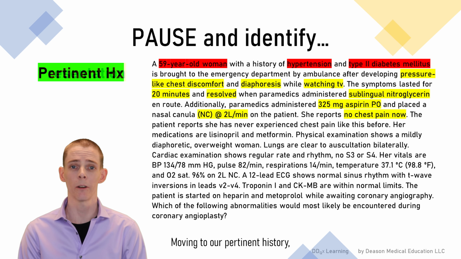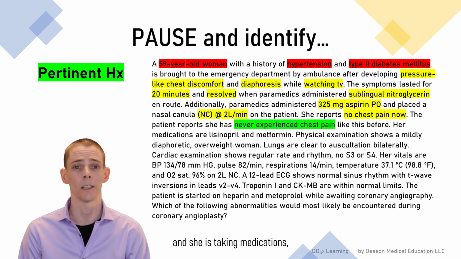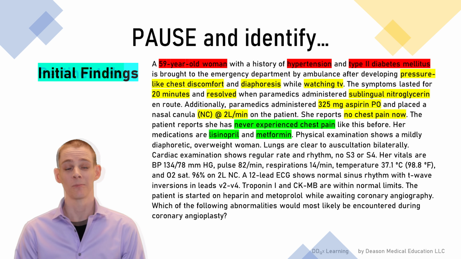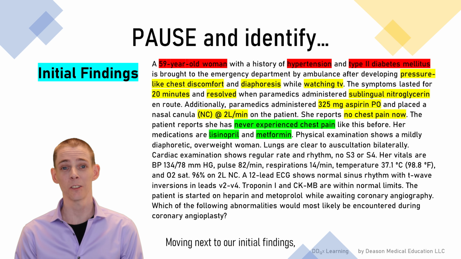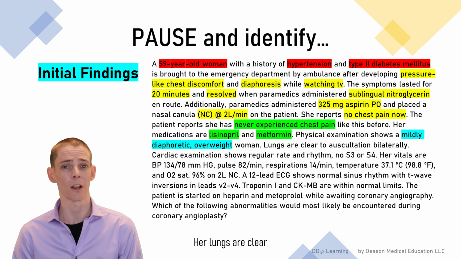Moving to our pertinent history, she has never experienced chest pain like this before. And she is taking medications lisinopril and metformin currently. Moving next to our initial findings, we have a mildly diaphoretic overweight woman. Her lungs are clear to auscultation bilaterally.